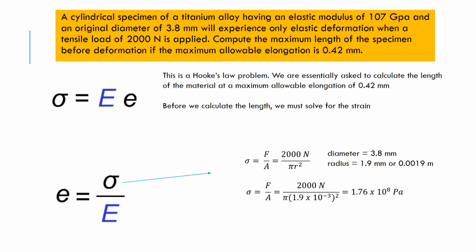Well, we know that the force applied is 2,000 newtons, so we just have to work out the cross-sectional area of the material, which of course we can do because we have a diameter and by inference we have a radius for the material. And when you do that, the engineering stress is equal to 1.76 times 10 to the 8 pascals.